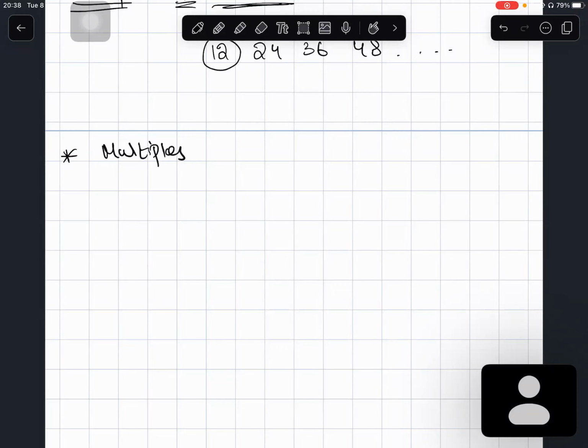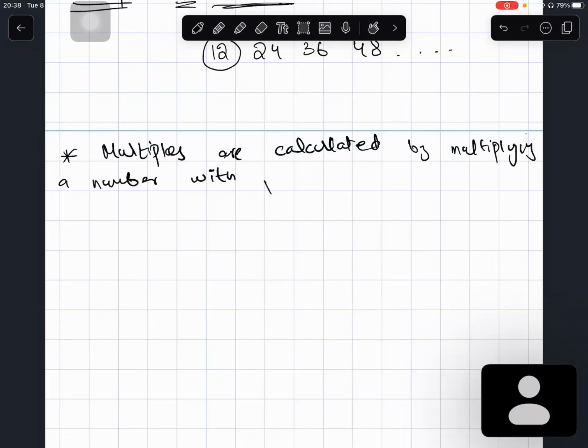So multiples are calculated by multiplying a number with positive integers. Okay, so any number, for example, 5, or for example, we took the example of 12.